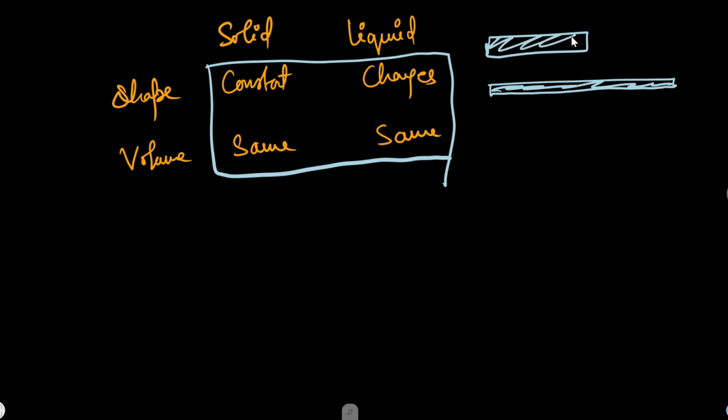The liquid behaves in this manner. The volume remains constant, only the shape changes.